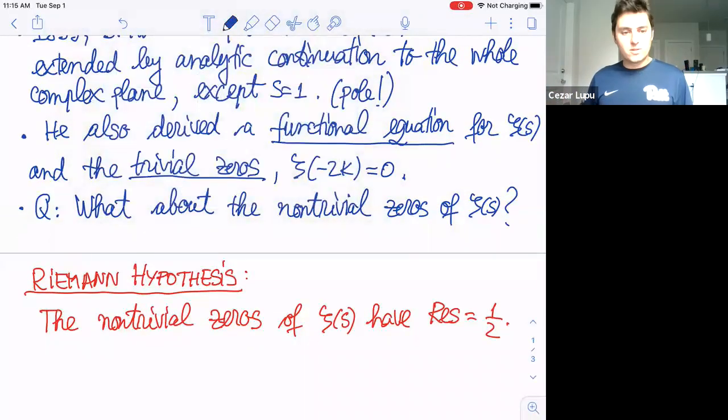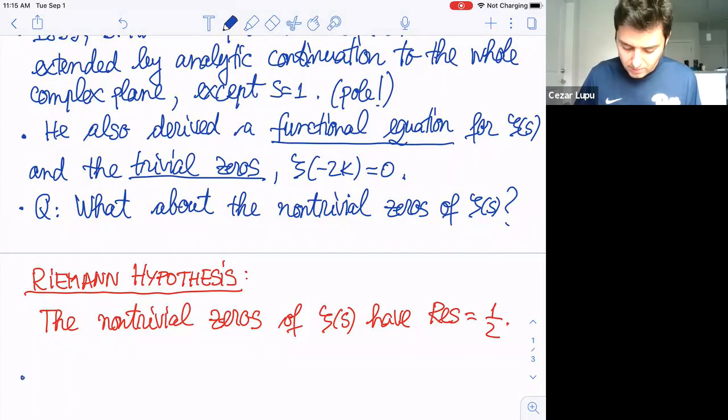Anyway, why is this so important? Why is the Riemann hypothesis so important? Well, it's very important because, just at first glance, it has tremendous consequences for, I don't know, the distribution of prime numbers.